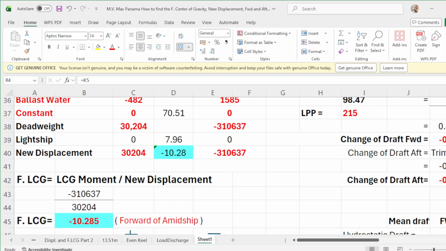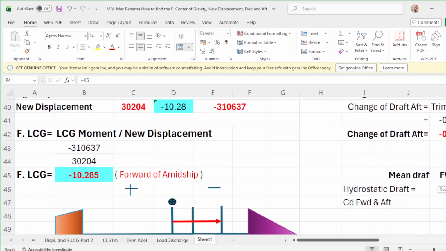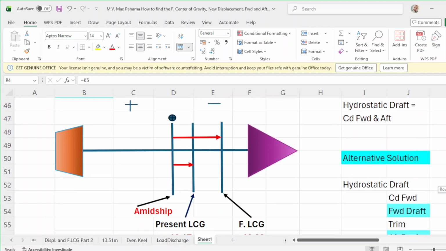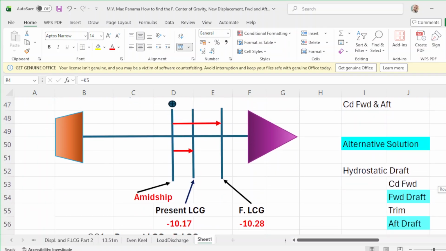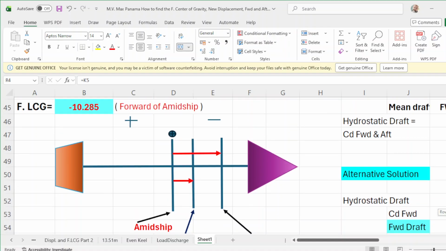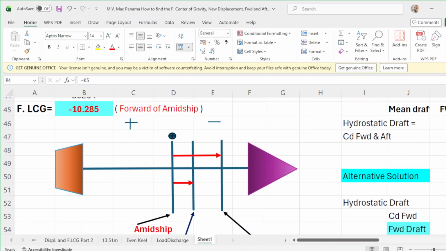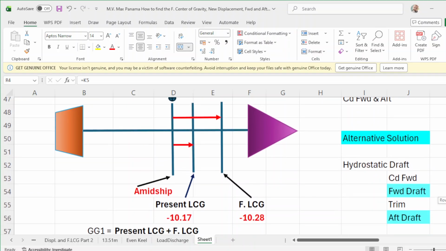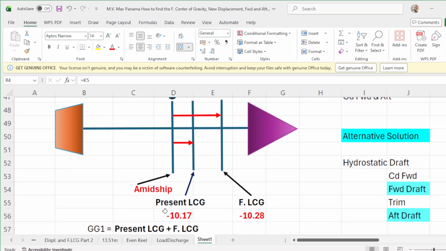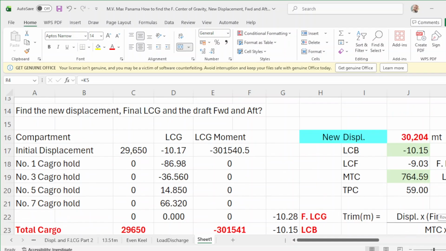That will be forward of midship. And to give you an idea, the final LCG is negative 10.28, and the initial, present LCG is negative 10.17, which is this one.